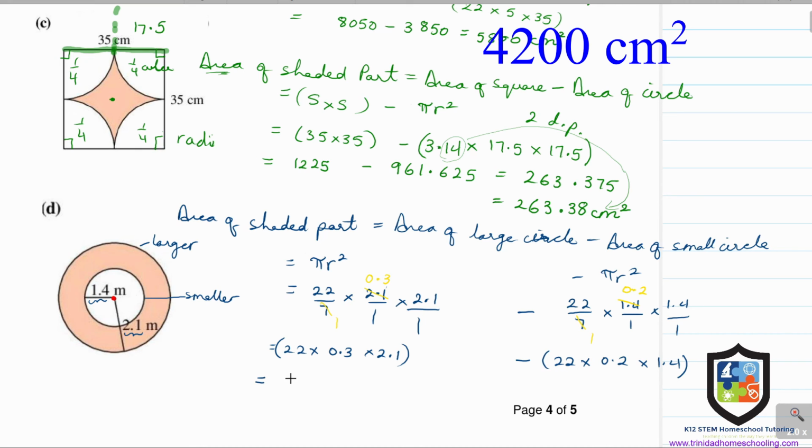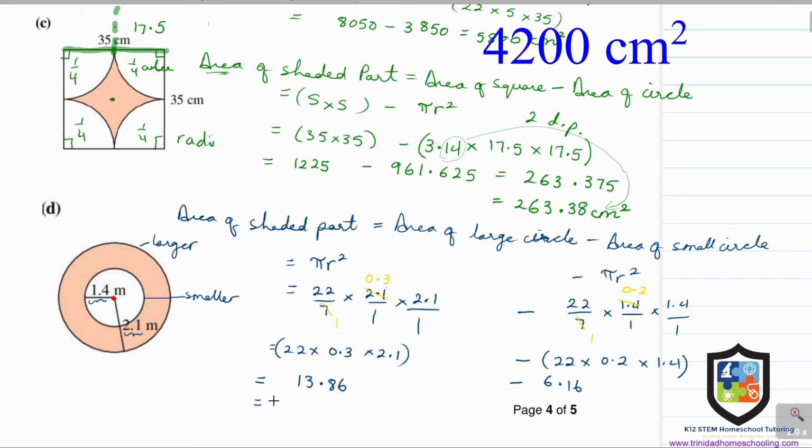So again, we work this out. The area of the larger circle is going to be 13.86. The area of the smaller circle is going to be 6.16.